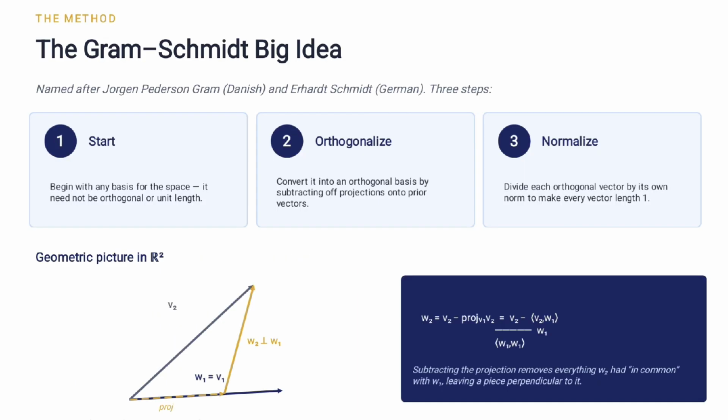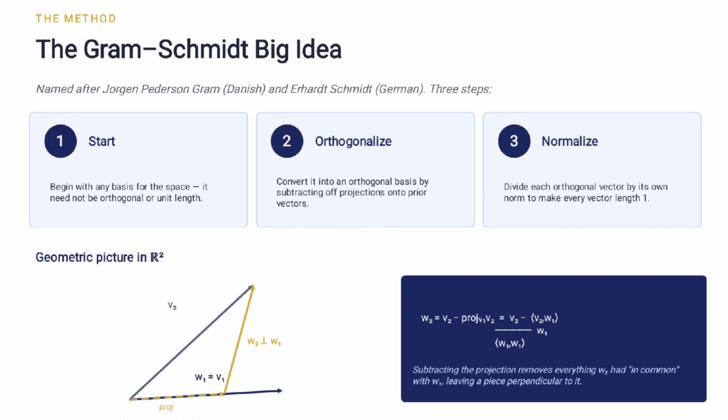And now, let us move on to the main topic, which is the Gram-Schmidt process. It consists of three basic steps. First is start with any basis. Second, orthogonalize by subtracting projections so that the vectors become perpendicular.